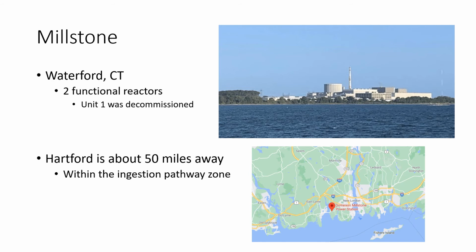And Hartford is within that ingestion pathway. So when we talk about these next nuclear accidents, keep in mind how many people would need to be evacuated if something were to happen at Millstone.